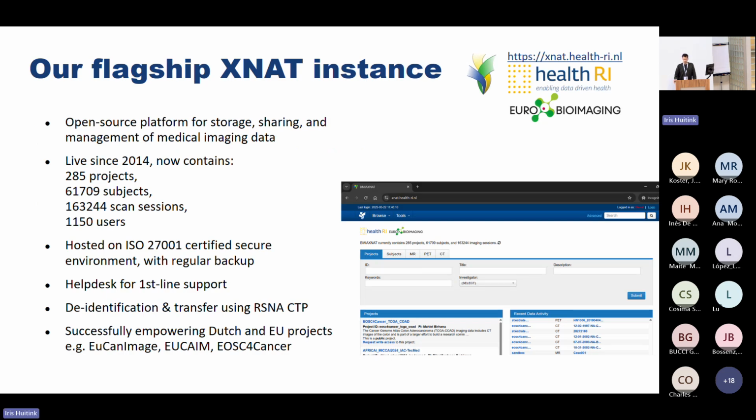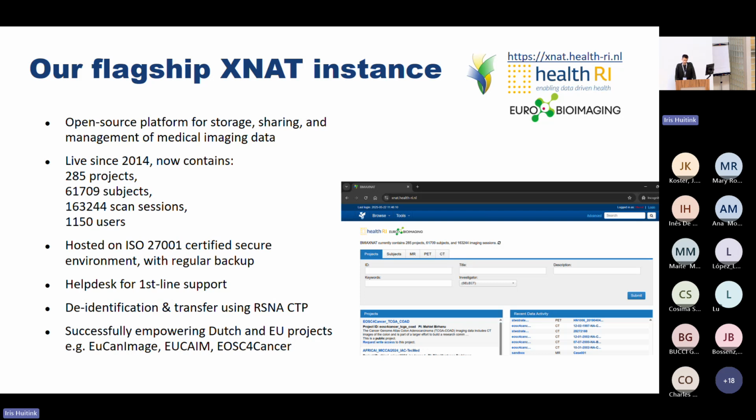Just like cBioPortal.org, we also have our flagship instance, basically: xnat.healthri.nl. That's used both in national projects and multi-center studies to collect the data, but also in European projects like UCAIM and UCANimage. It's used as the backbone for storing images and sharing.